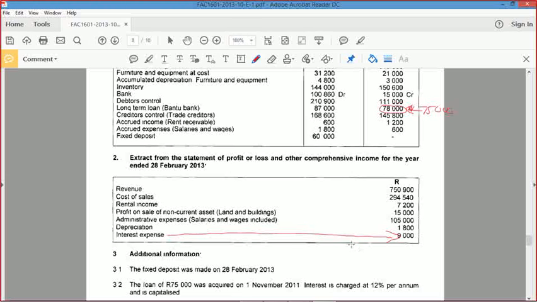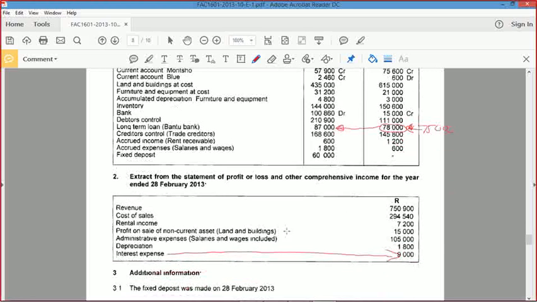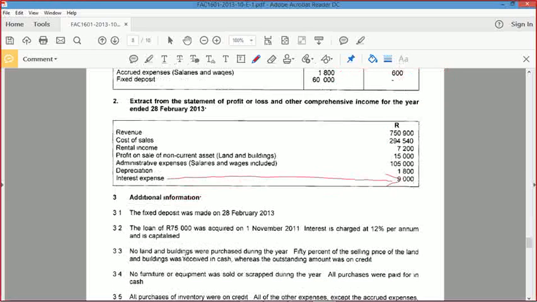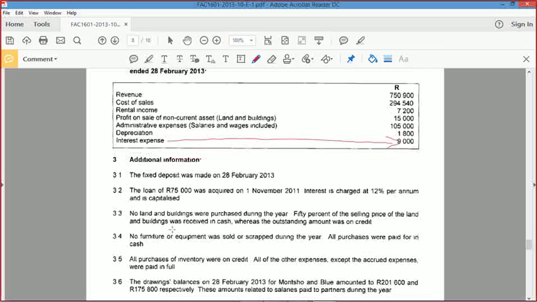So how much interest would I have in the next year, this year? 9,000 is the interest they've provided for. Did they say any interest still needs to be provided for? No. So we would add 9,000 to the amount.